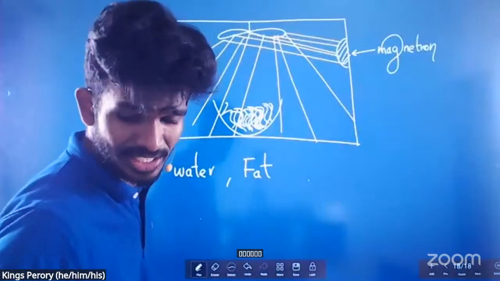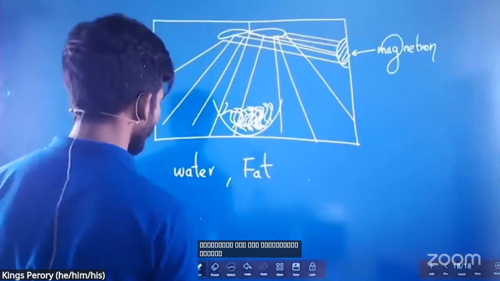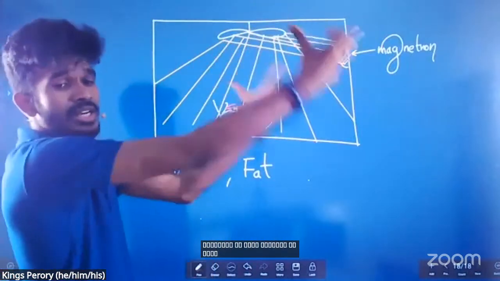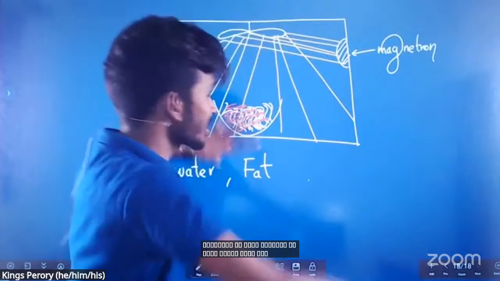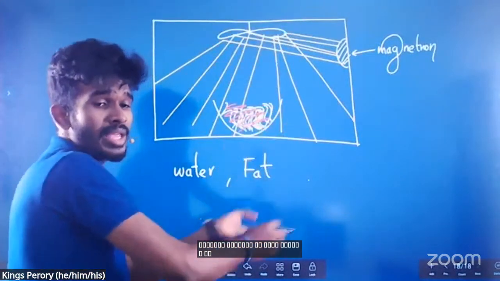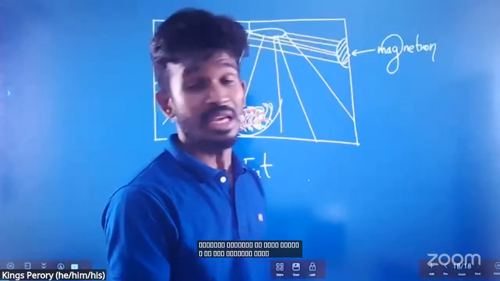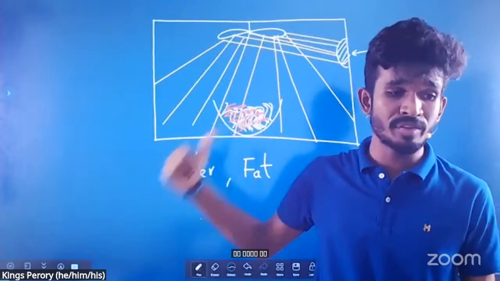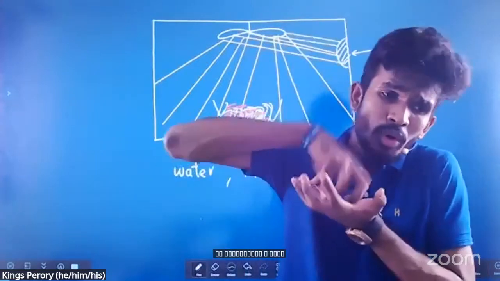Basically, that heat is produced within the food. Inside the food itself, we are rubbing and producing the heat. We are not supplying heat from outside. That is why after you heat the food in microwave oven, have you seen?